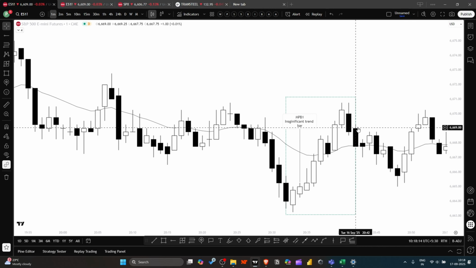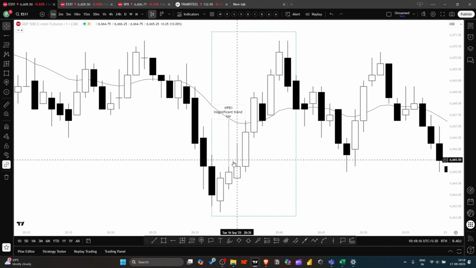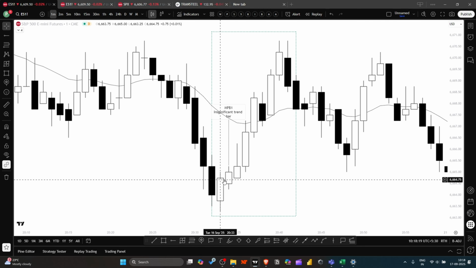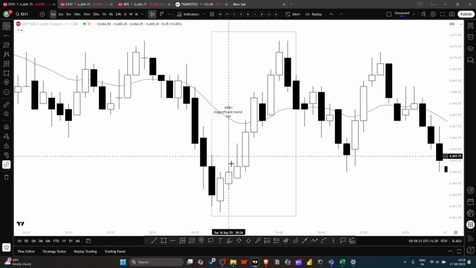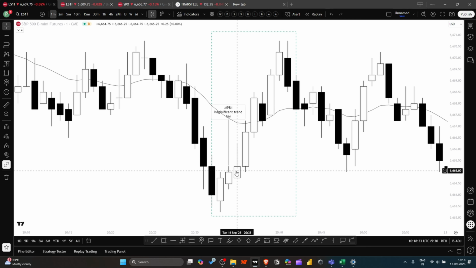This is the pause 2. Why is this bar a pause 2? This is an implied reversal bar. Although we got two bull bars, this bull bar has a huge wick on its top. That means price went all the way up here, then retraced all the way down here. In a normal reversal bar, this bar would have a bear body.